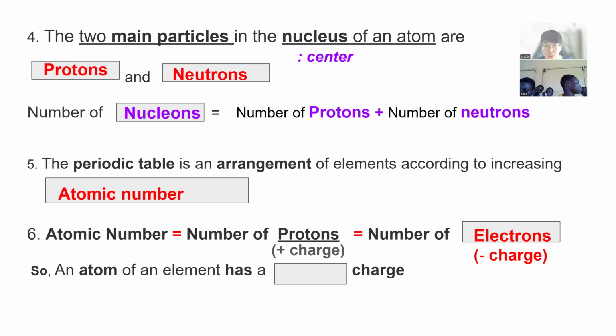So they must have an equal number of protons and electrons, and they need to make a neutral charge overall. So the same number of positive charges and negative charges makes the atom neutral. So those are the basic components of an atom.